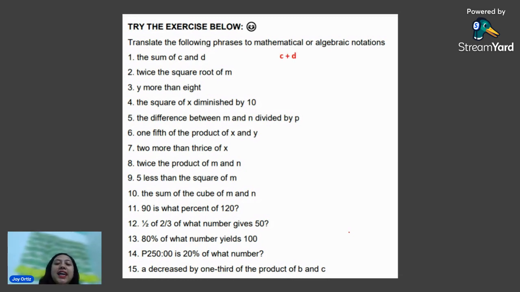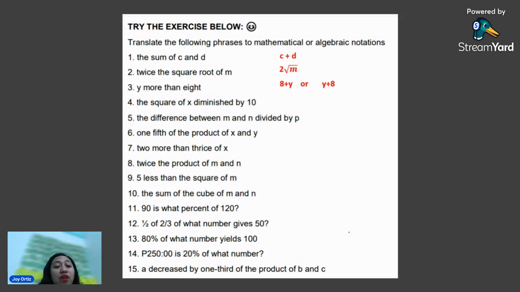Okay, so this is the answer: C plus D. How about twice the square root of m? Okay, so this is the answer: 2 square root of m. How about y more than 8? It is 8 plus y or y plus 8.